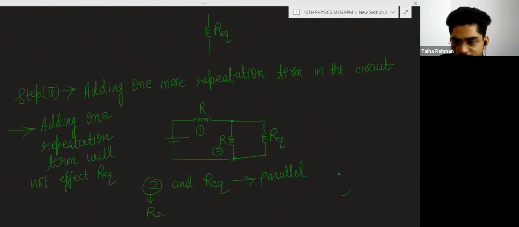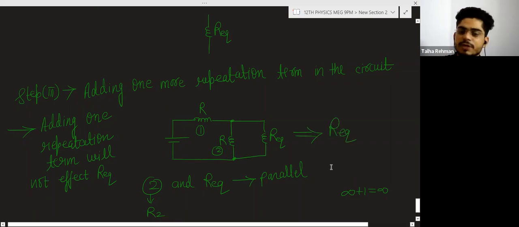If you add one to infinity, it remains infinite. The same is the case here. This R equivalent is very large, so if you add this one repetition term, the resistance of this whole circuit will remain R equivalent. Okay, Hamza.